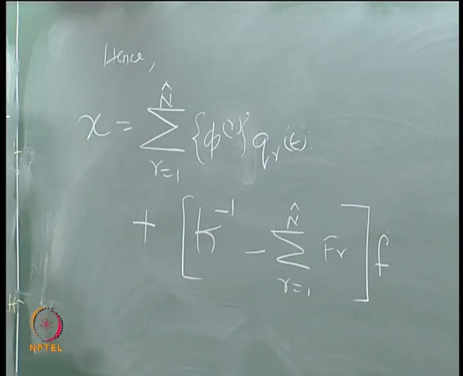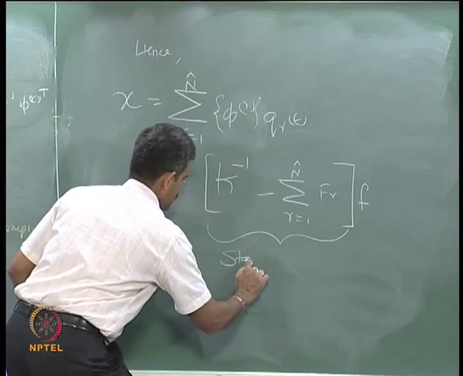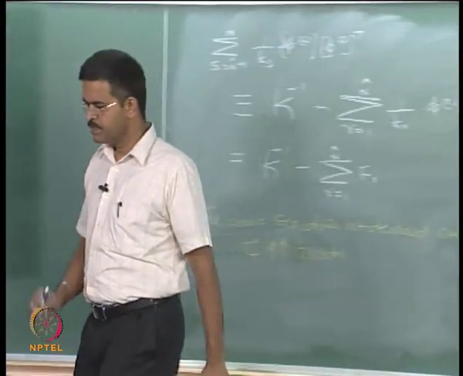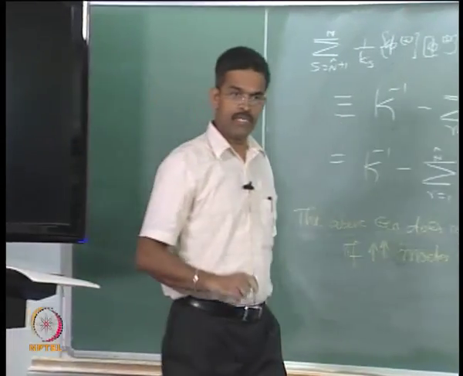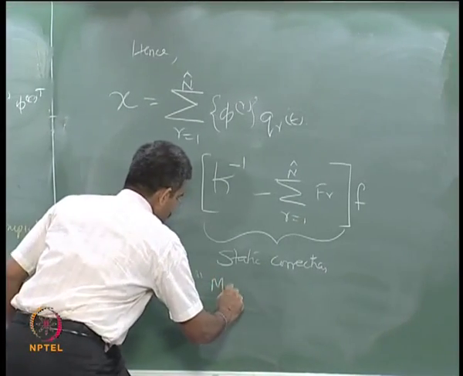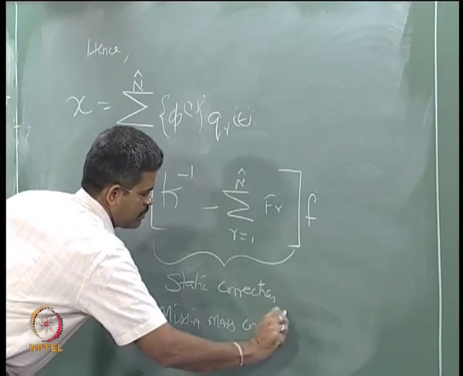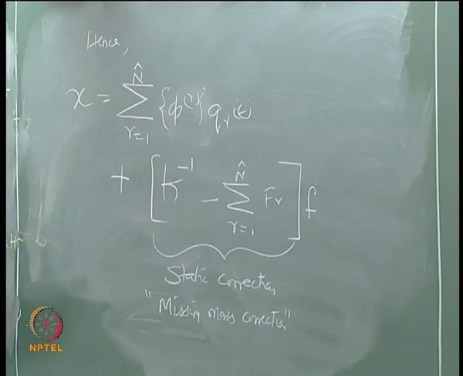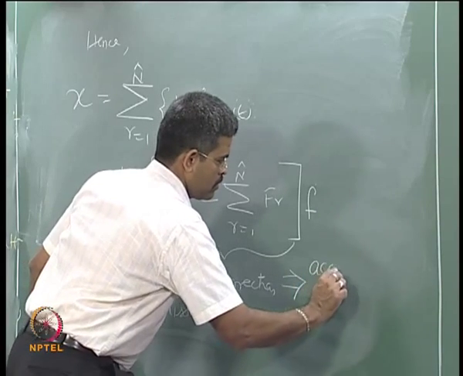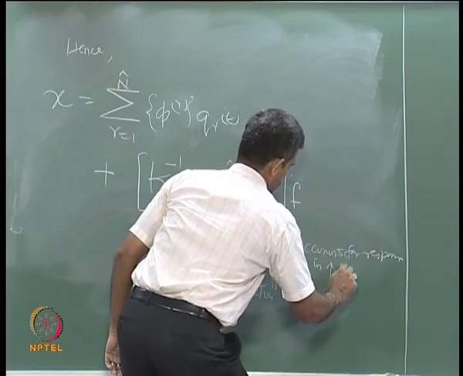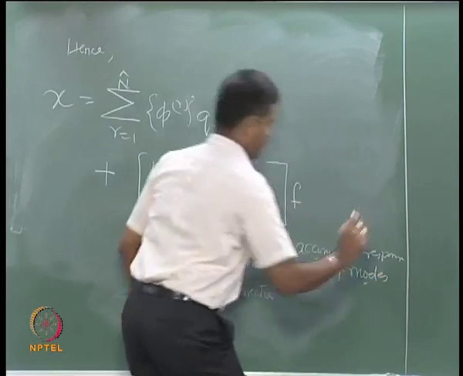This is what we call as static correction. Some literature address this as missing mass correction. Okay. What does it do? This accounts for response in higher modes, is it not? That is what it is doing.